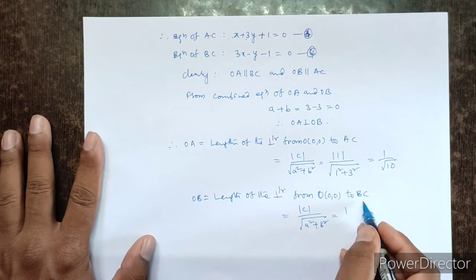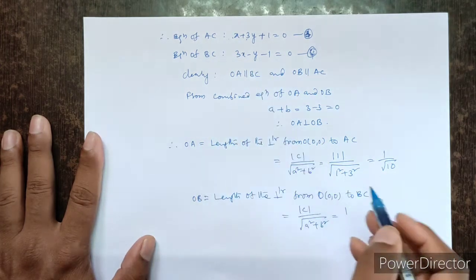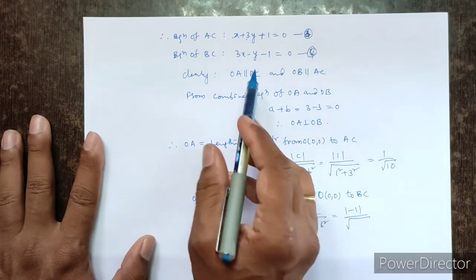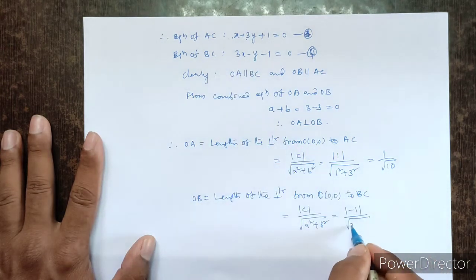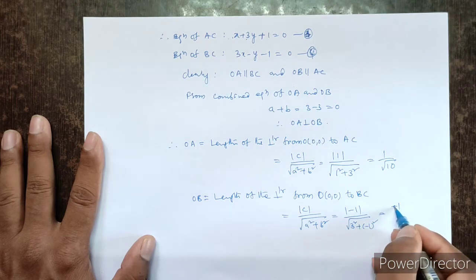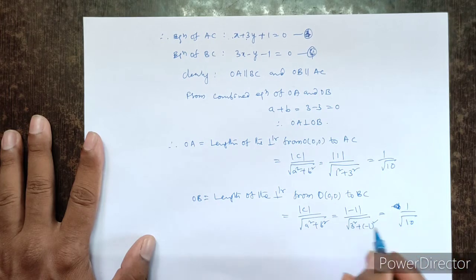For BC, C is minus 1, so modulus minus 1 by root of 3 square plus minus 1 whole square, which is also positive 1 by root 10.